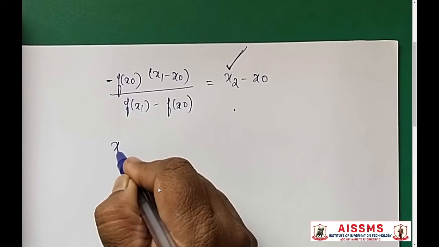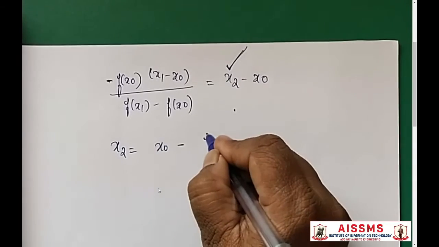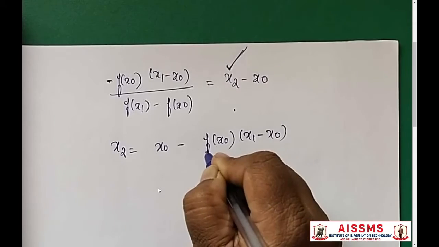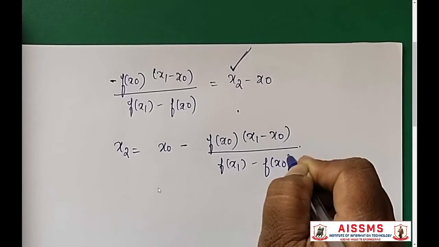So your x2 will be equal to x0 minus f of x0 into x1 minus x0 upon f of x1 minus f of x0.